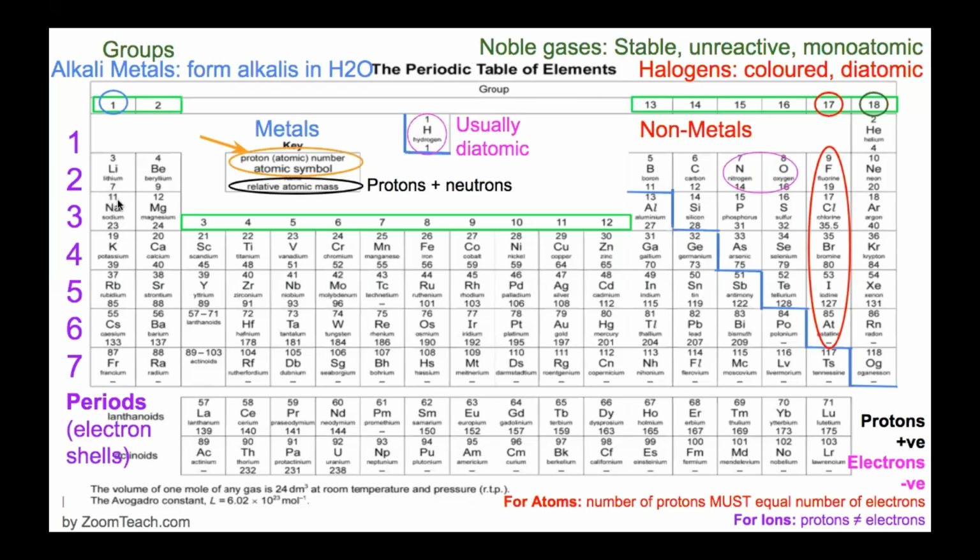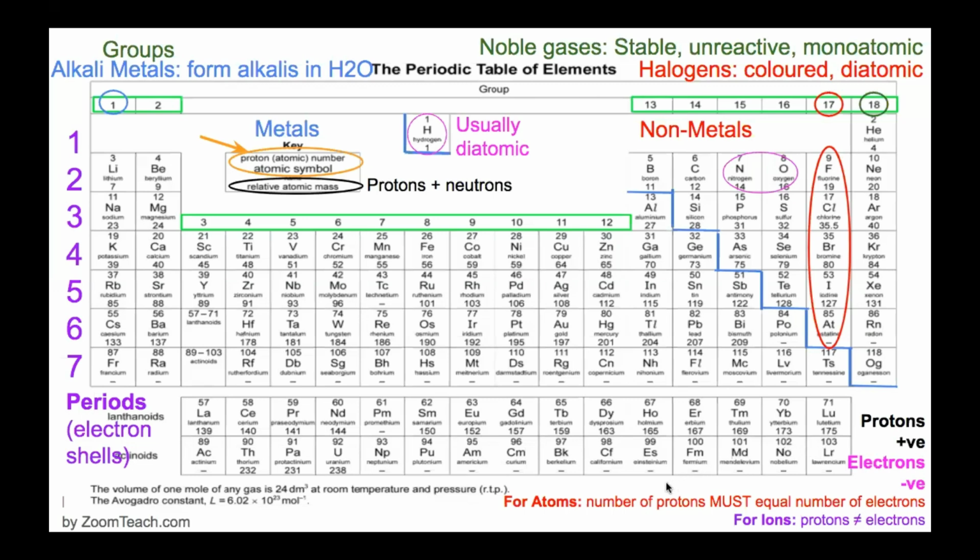So that means the sodium ion contains more positive charge compared to negative charge. The sodium ion in this case has 11 positive charges and 10 negative charges. That makes the sodium ion have an overall charge of 1 plus.